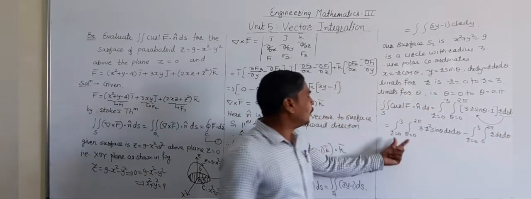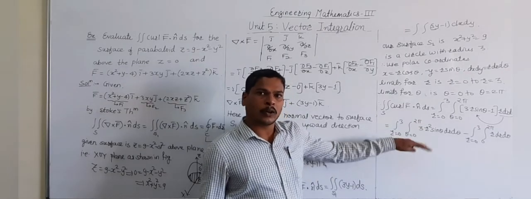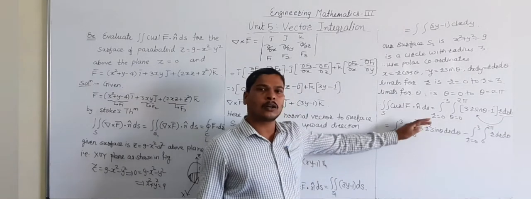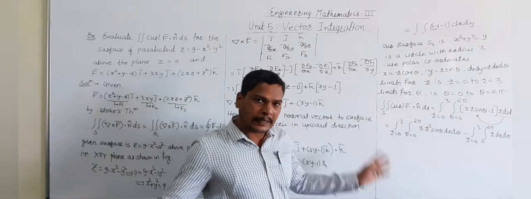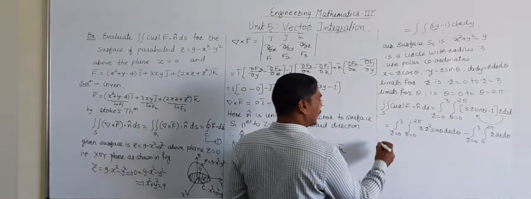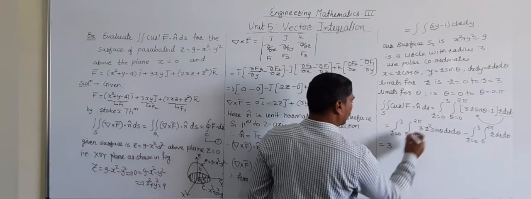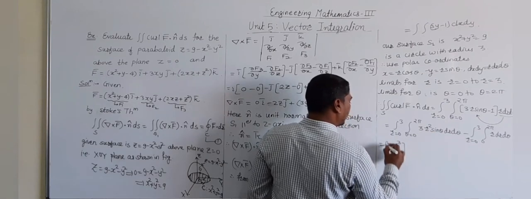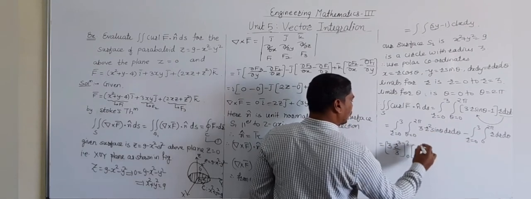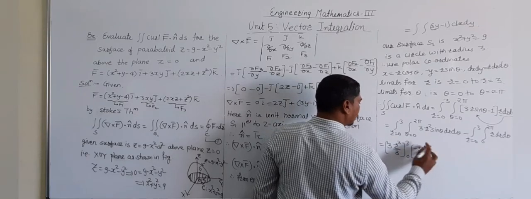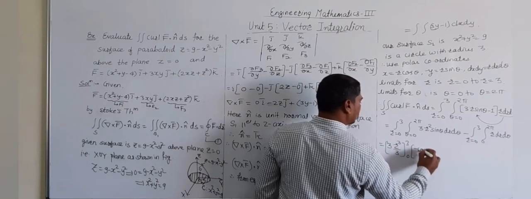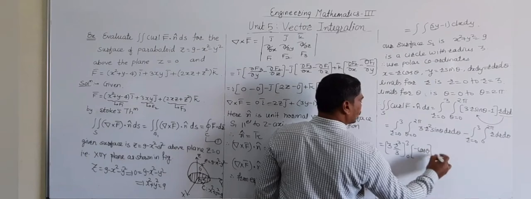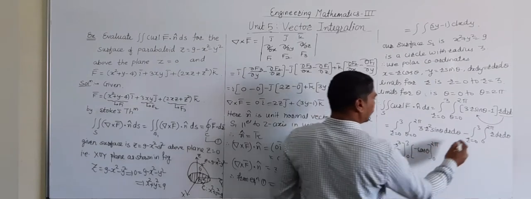And here the limits for r and theta, both lower and upper limits, are constant. So we can directly integrate separately with respect to r as well as theta. So we get 3 into integration of r square, which is r cube divided by 3, limit from 0 to 3, into bracket integration of sin theta, which is minus cos theta, limit from 0 to 2 pi, right?